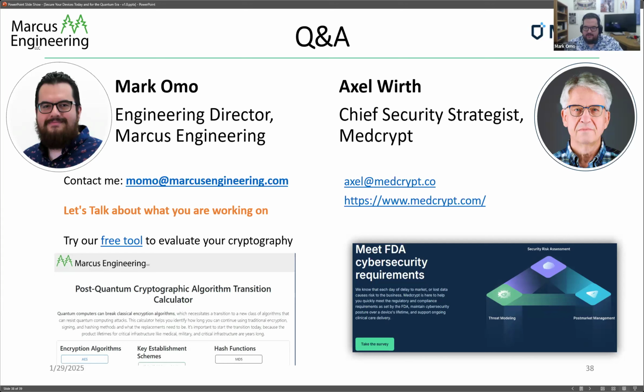So we had a question here about Bluetooth and what their roadmap is for post-quantum cryptography. And the answer is it's still early, especially for the flow-down devices and protocols, about how post-quantum cryptography is going to be integrated into those kinds of low-level protocols, like Bluetooth, ultra-wideband, those kinds of things.